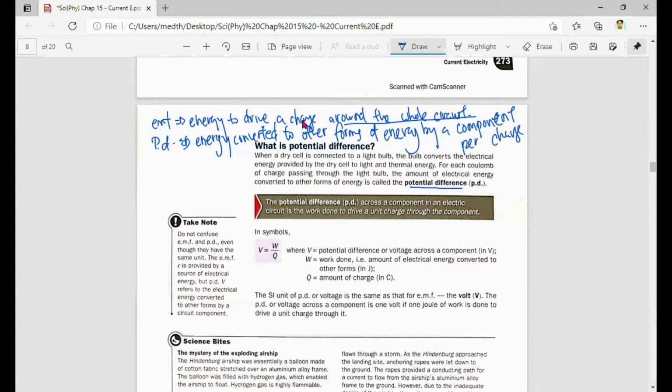Okay, so I purposely put this side by side, one on top, one below, so you can draw a difference between both of them. Both are about energy and both are about a charge. However, one is around the whole circuit, the other one is specifically for a component.